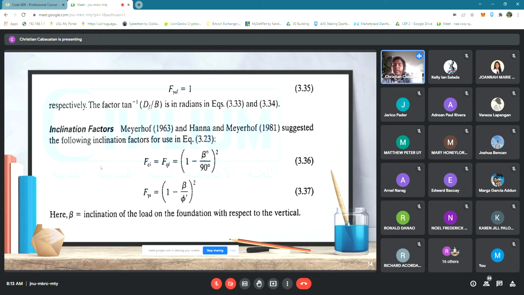For FYI, it is equal to 1 minus beta divided by phi, the quantity squared. The beta there is the inclination of the load on the foundation with respect to the vertical.